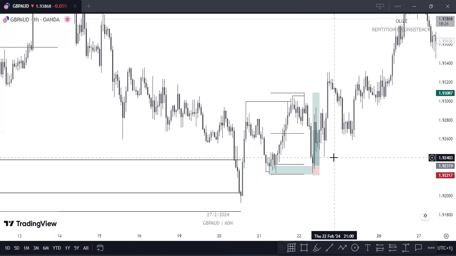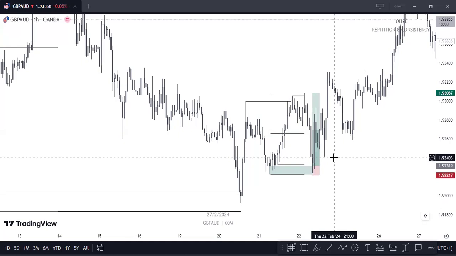That's what I'm trying to ask. Looking from this setup, if you were to enter this trade with the 1 hour, is the setup presenting itself?